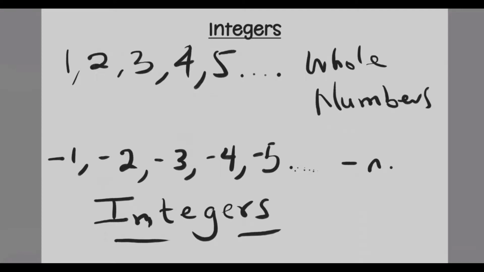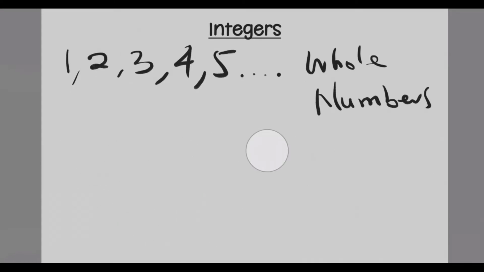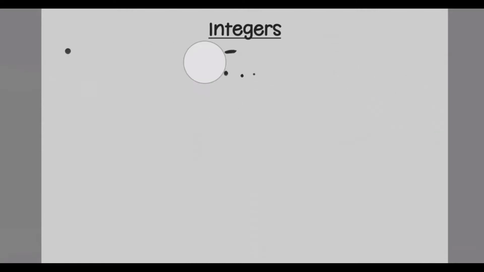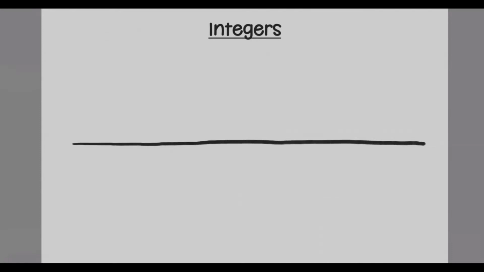So in algebra, we have negative numbers and we have positive numbers. These numbers can be represented on a line, right? So if we have this long line here, this is the origin. Origin here means starting point. So let's give it 0. 0 does not have a negative or positive value.